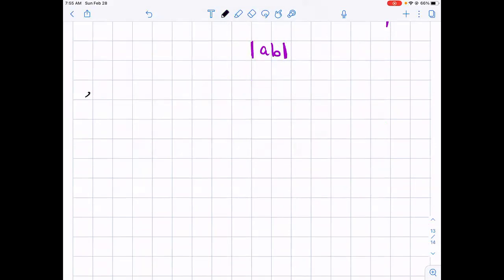Look at another example. How do we simplify the cube root of 24a cubed b to the fifth? Now, if you look at this, we don't know the cube root of 24, but we could simplify it.